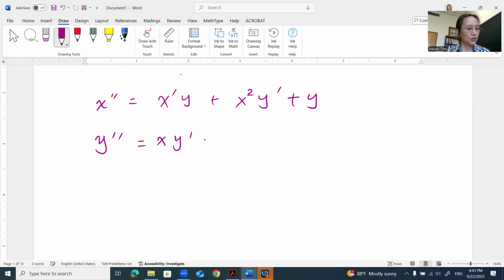For example, if you have a system of two equations, each one second order, then each second order equation will become two first order equations. So for this system, you will have four equations.